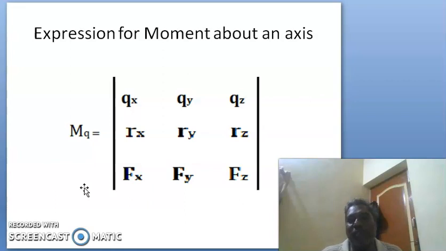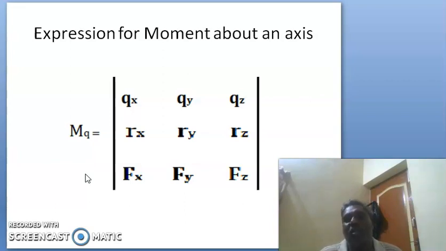Of course, when you substitute everything by the corresponding numbers, we are going to get only a single number finally, which gives the moment about an axis. And the direction, as specified earlier, we already know: it is about the q axis.